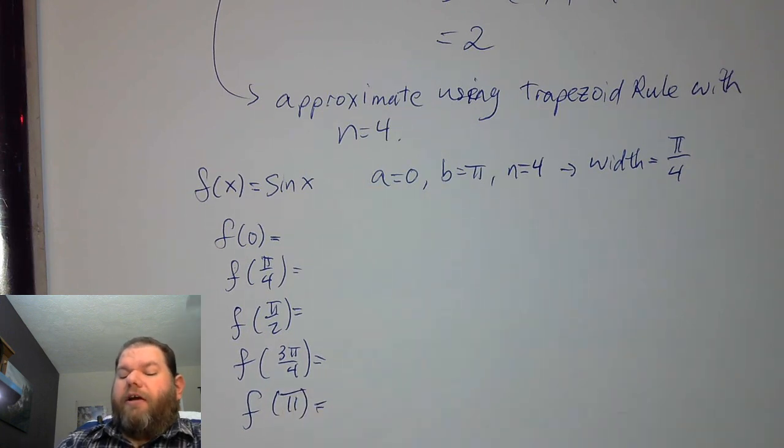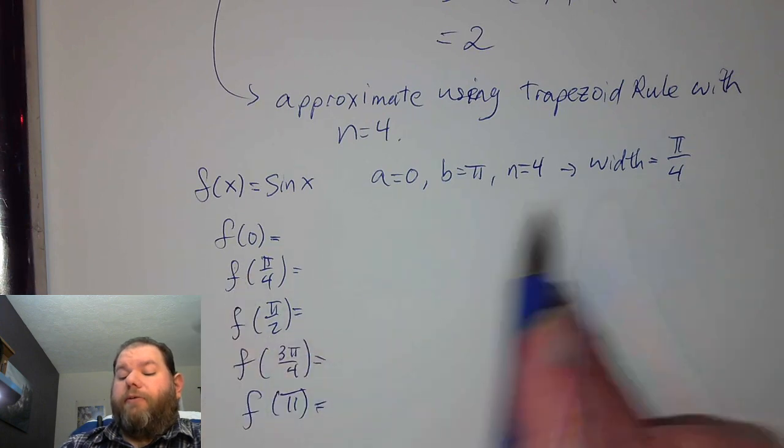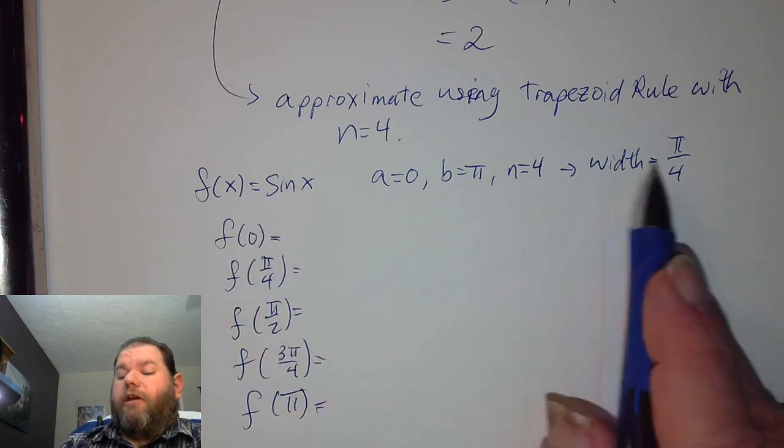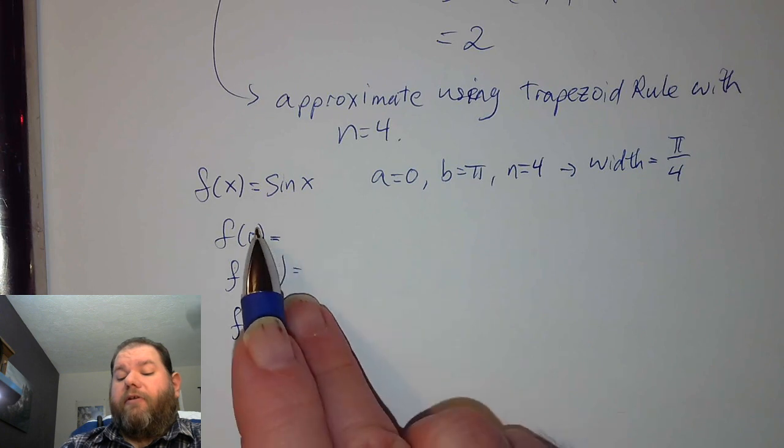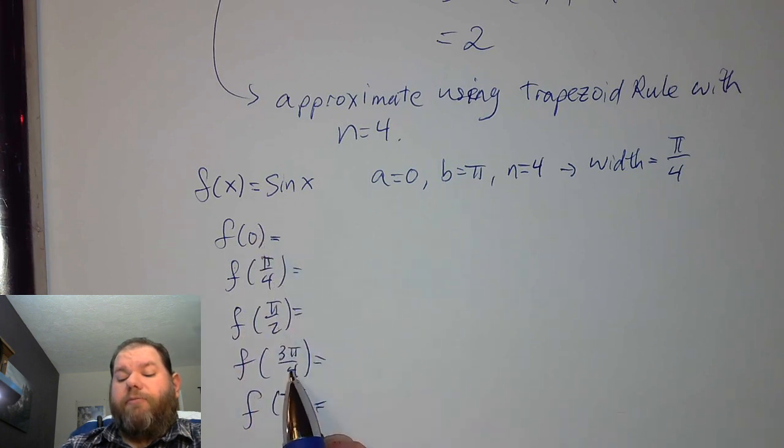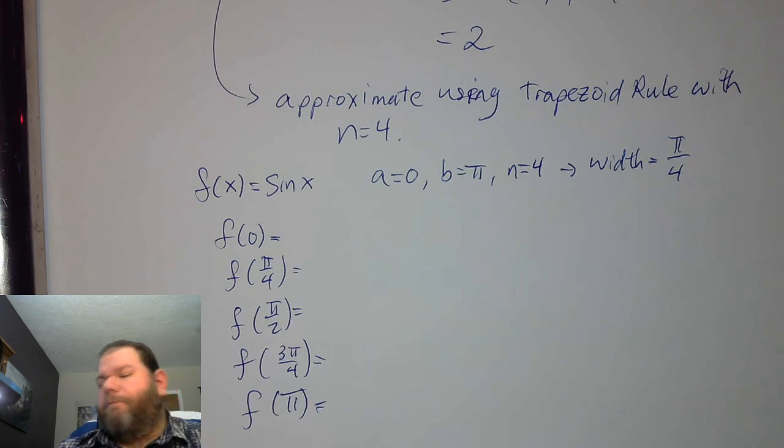Sorry. So that basically takes the pi and splits it into 4 parts, and that's our width. So you start at 0, and we count by pi over 4s basically. So pi over 4, 2 pi over 4, 3 pi over 4, 4 pi over 4, reducing these, of course.